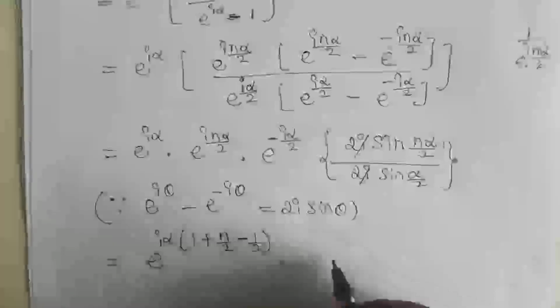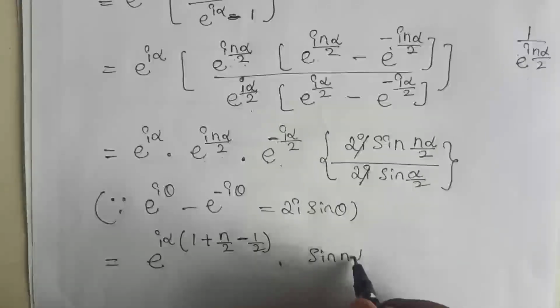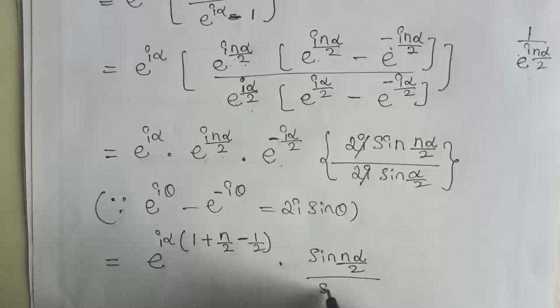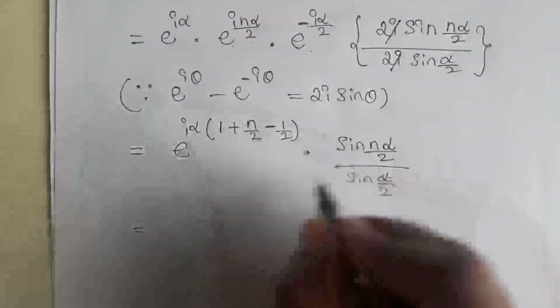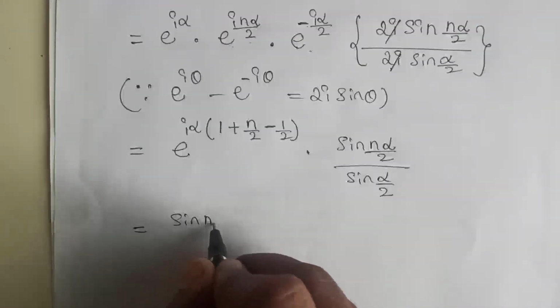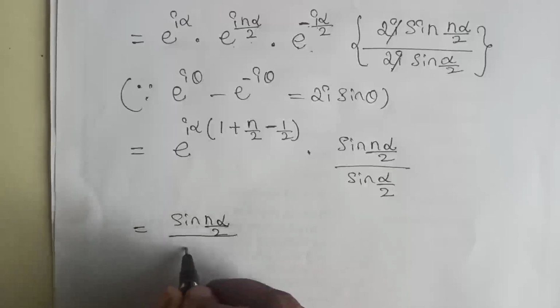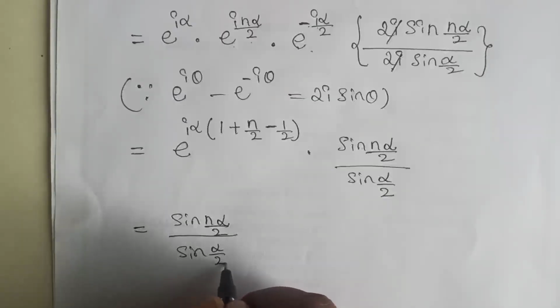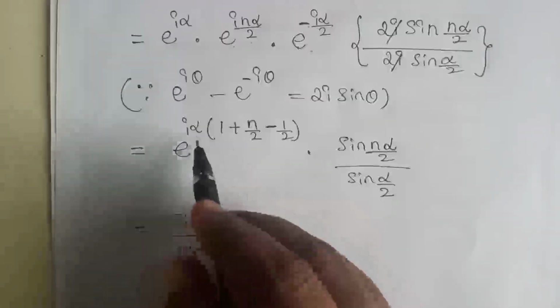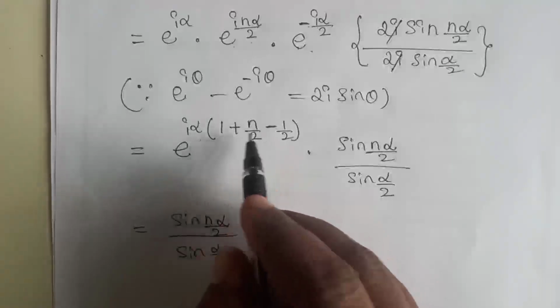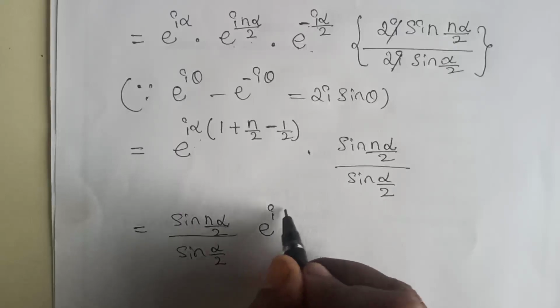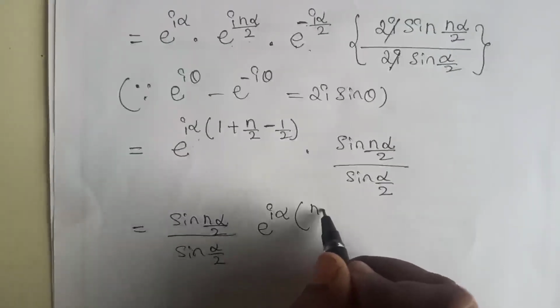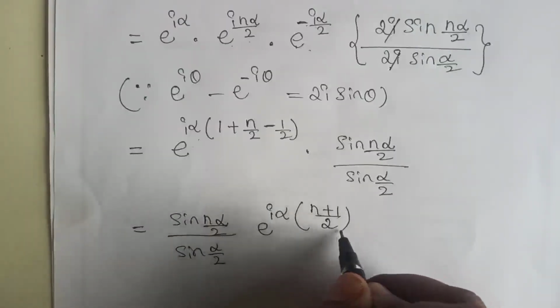So this one we get sin n alpha divided by 2 divided by sin alpha divided by 2, which we keep as it is. This becomes e power, so n by 2 plus 1 by 2, that is e power i alpha into n plus 1 divided by 2.